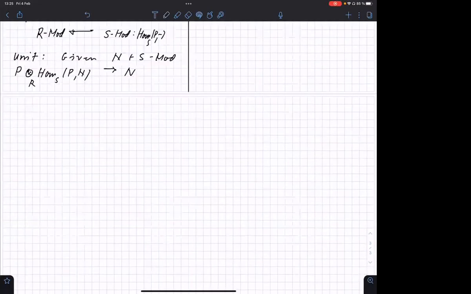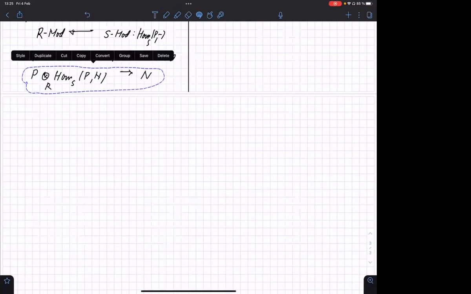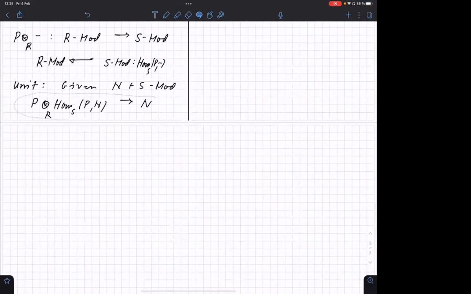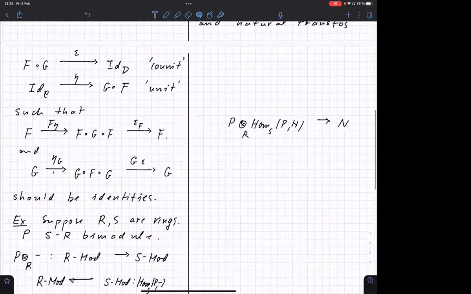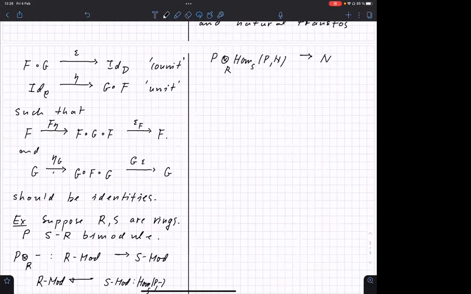And I'll just tell you, this is going to be like this. So what does this do? I'm just going to give it to you on simple tensors, and you have to check that it satisfies the appropriate bilinearity.